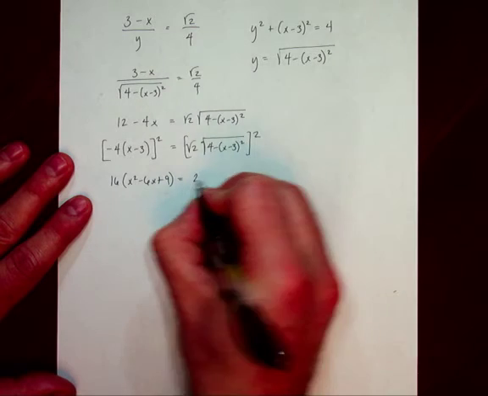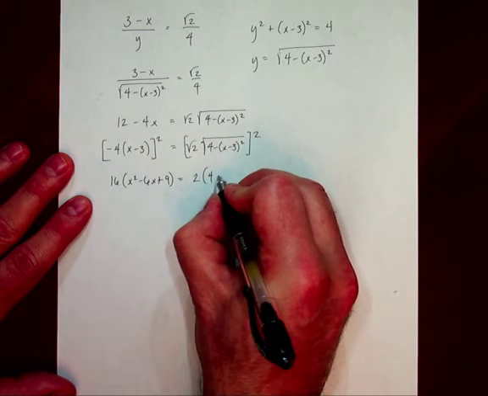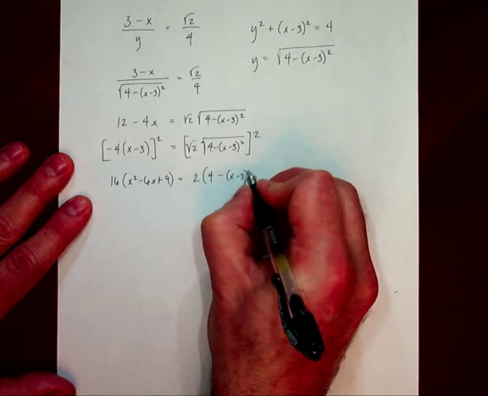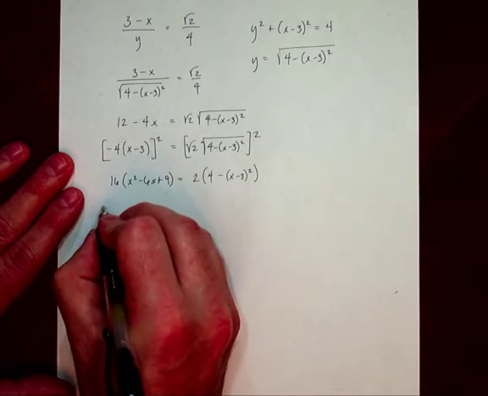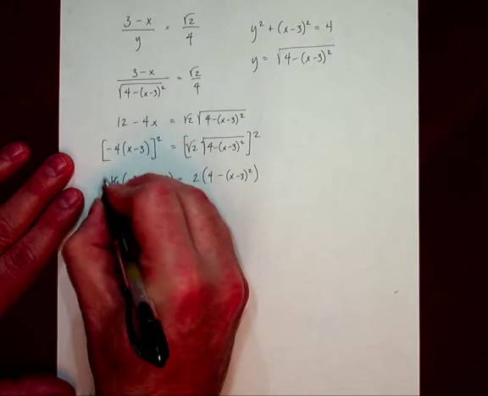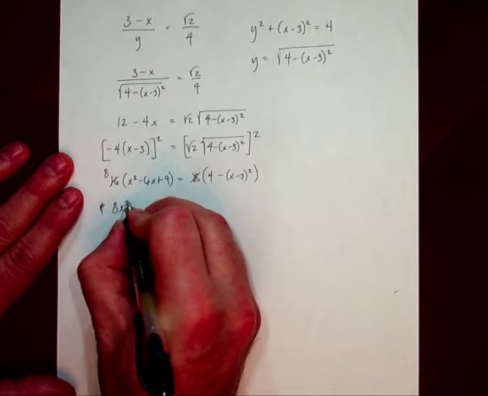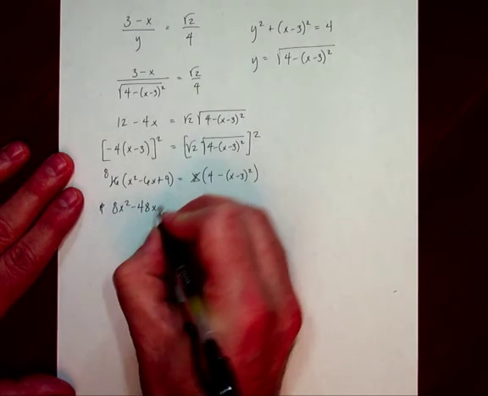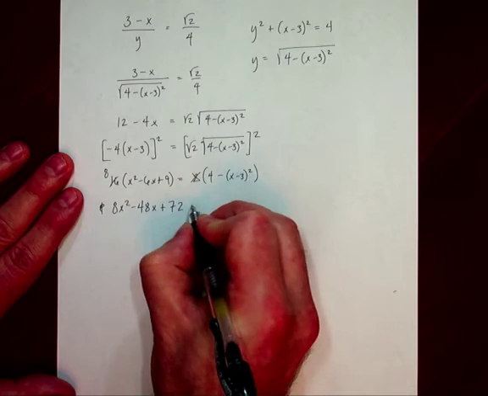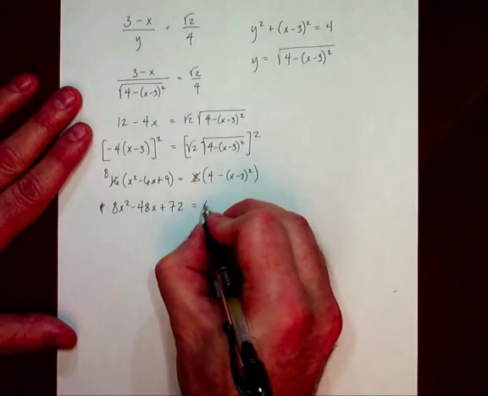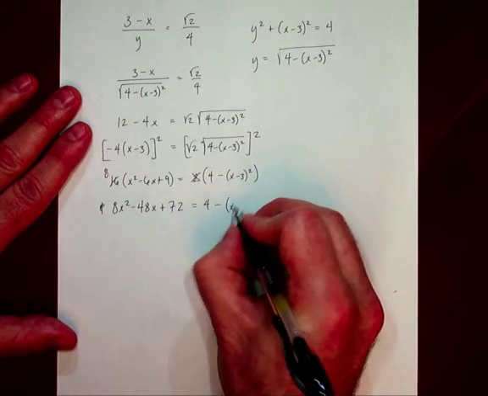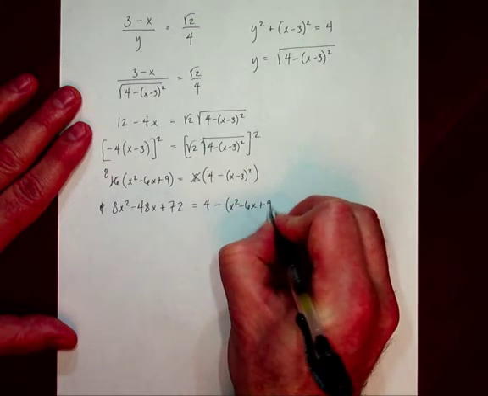This becomes 2 times 4 minus x minus 3 squared. This can become 8, and we can get rid of that 2, and this becomes 8x squared minus 48x plus 72. And this becomes 4 minus x squared minus 6x plus 9.